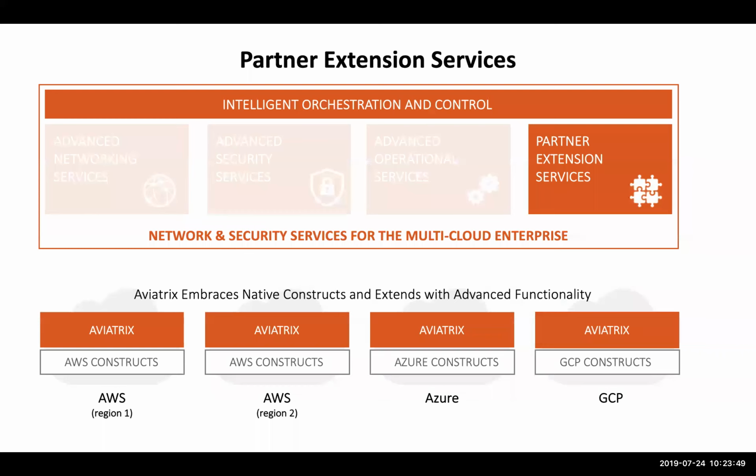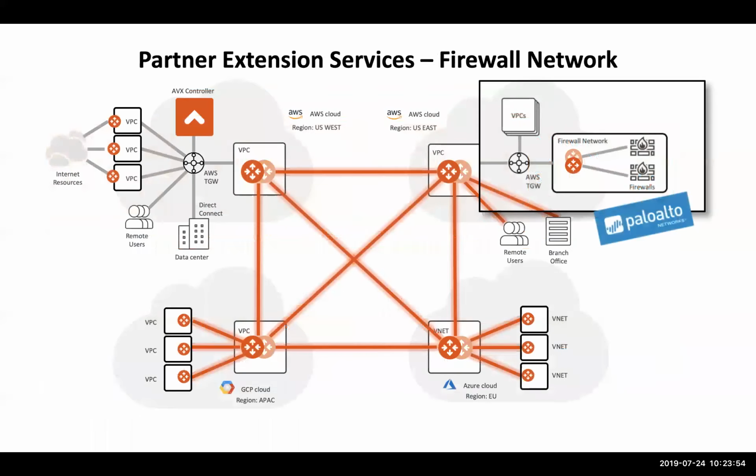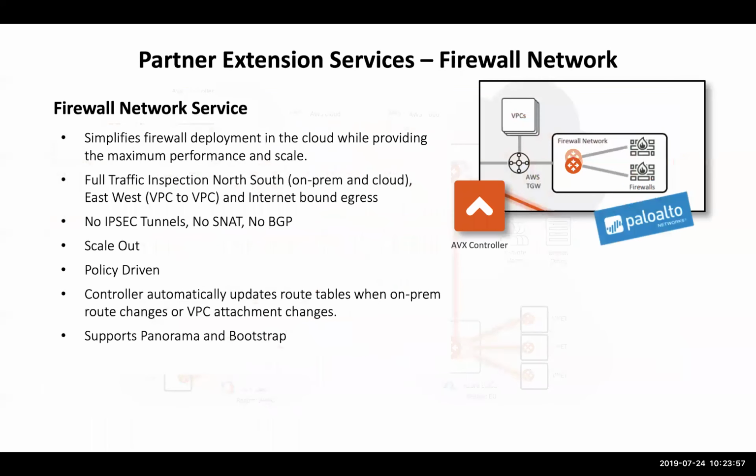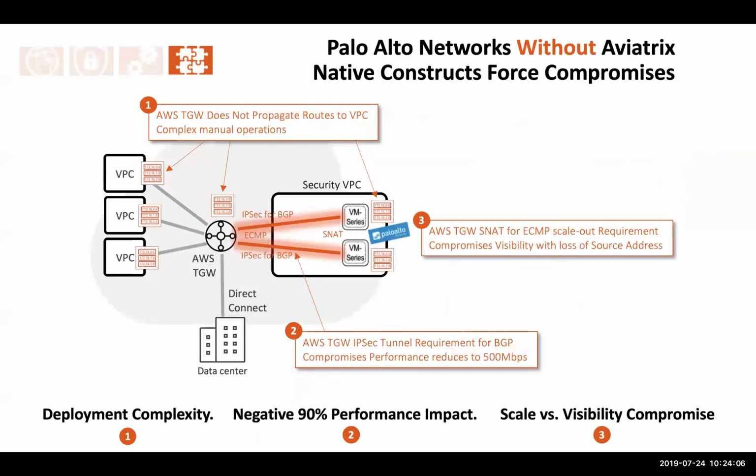And then let's quickly look at extensions to partner extensions that we provide. In this case, I'll be talking about Palo Alto Networks and how we can build what we call a firewall network to bring Palo Alto Networks into the multi-cloud backbone. If you look at having to bring a Palo Alto Networks VM series into, for instance, the transit gateway without Aviatrix, you're going to be forced to, for instance, use an IPsec connection.